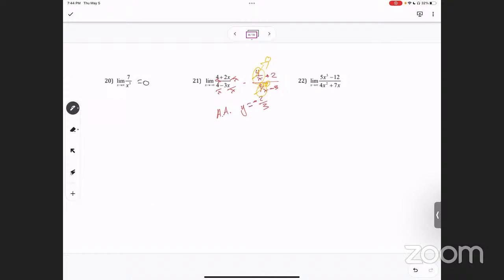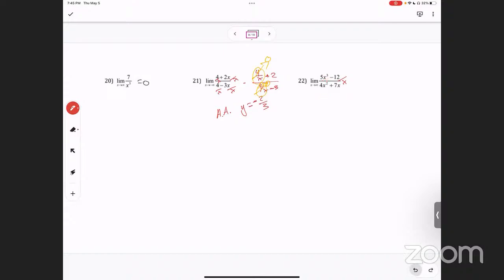I don't know how she taught you to do that, but what I do is just plug in a random positive number. Or you could divide everything by x squared, because besides the denominator, that's the biggest one. Actually, can you divide everything by x cubed?